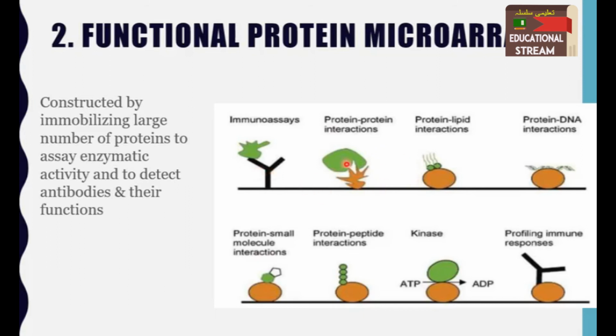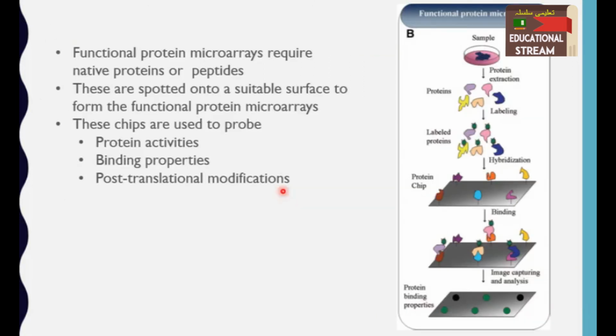Then the functional arrays are mainly used to study the various types of protein activities that we have discussed, like protein-protein interaction, protein-lipid interaction, protein-DNA interaction, protein-small molecule, or we can say drug interaction, protein-peptide interaction, identifying the enzyme substrate, and profiling the different immune responses. So the functional protein microarrays require the native protein or peptide.